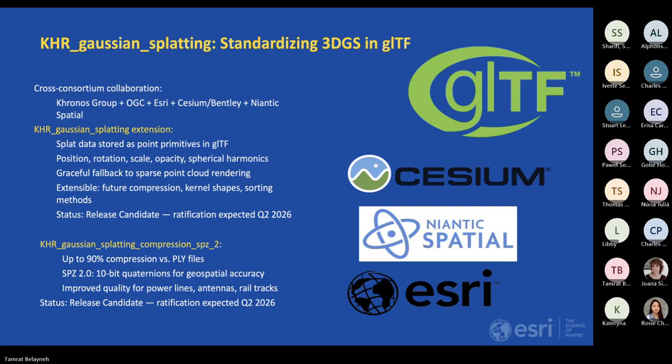So we started off with a base Gaussian splatting extension, KHR Gaussian splatting. That is the minimum. Again, it can be used in any ecosystem, in any environment. But then geospatial really leaned towards this compression from Niantic Spatial, the Gaussian splatting compression. Don't ask me about the naming. It works too.